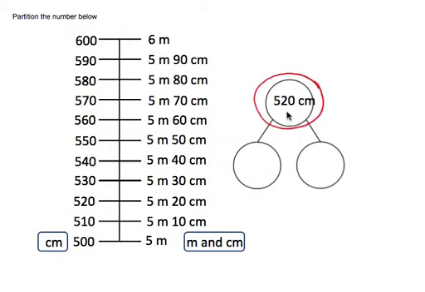So we can partition that as, I can put 20 centimeters here, and I can put 500 centimeters here, or I can put 5 meters in there, 20 centimeters. Right, that's how I partition that number. Maybe you've got another way of doing it, but that's a clean way because I've just separated the hundreds and the tens there.